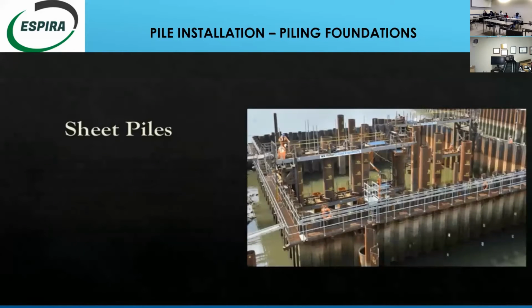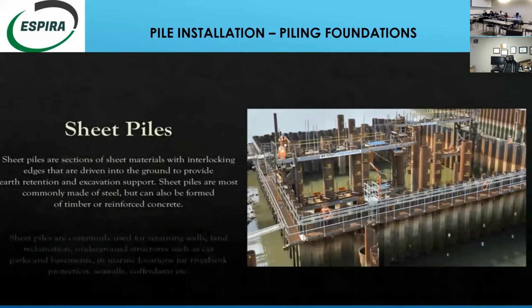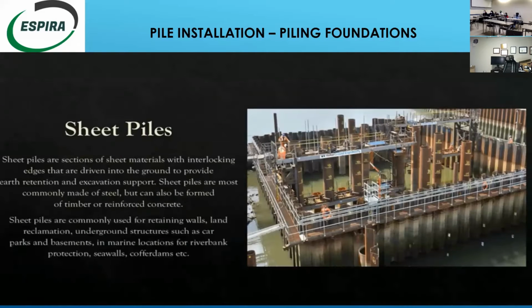These are sections of sheet materials with interlocking edges that are driven into the ground to provide earth retention and excavation support. Sheet piles are most commonly made of steel, but can also be formed of timber or reinforced concrete. Sheet piles are commonly used for retaining walls, land reclamation, underground structures such as car parks and basements, and in marine locations for riverbank protection, seawalls, cofferdams, etc.